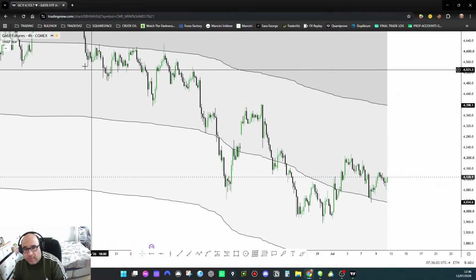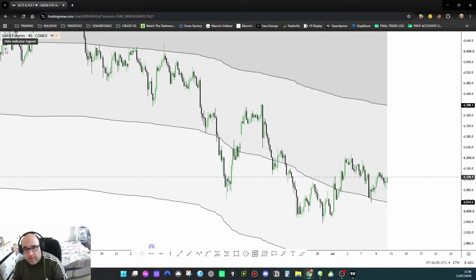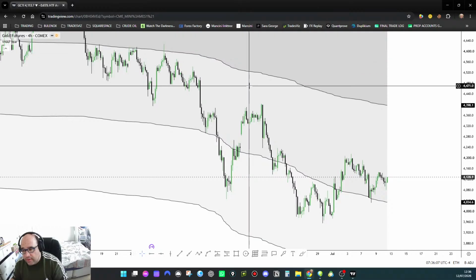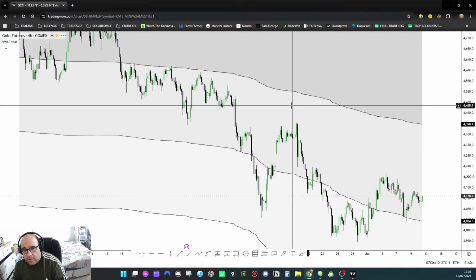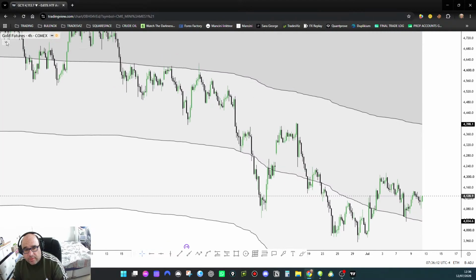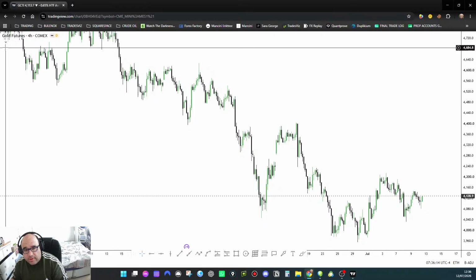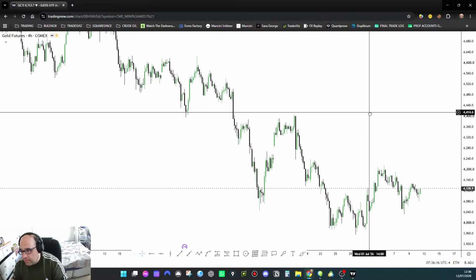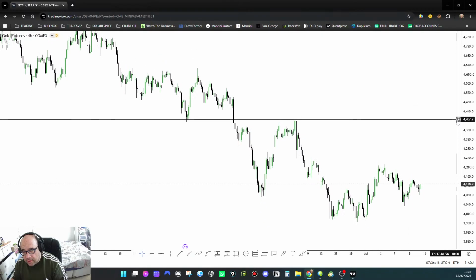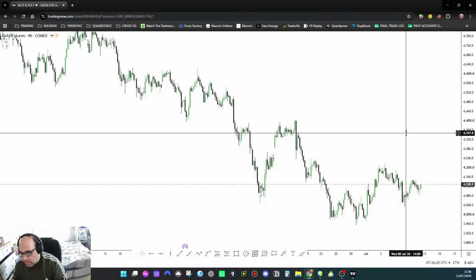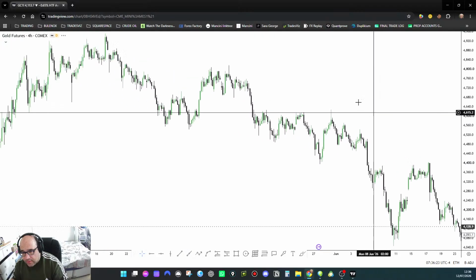Let's close that, it's the yearly VWAP. We don't care about the VWAP at the moment, so turn that off. Okay, so we look at the high time frames. It's a downtrend.